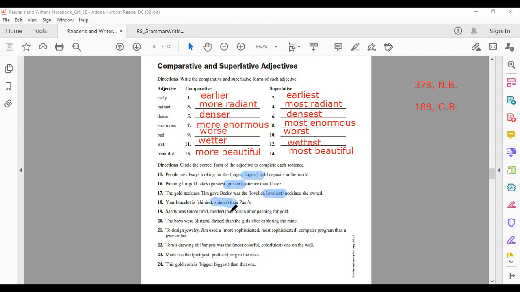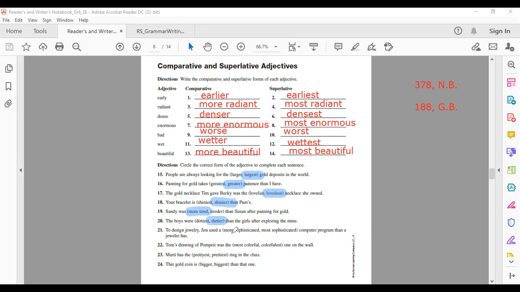Sandy was more tired or tireder than Susan after panning. More tired. We have two syllables, so more. The boys were dirtiest or dirtier than the girls? Dirtier. To design jewelry, Jim used a more sophisticated or most sophisticated computer program than a jeweler has.